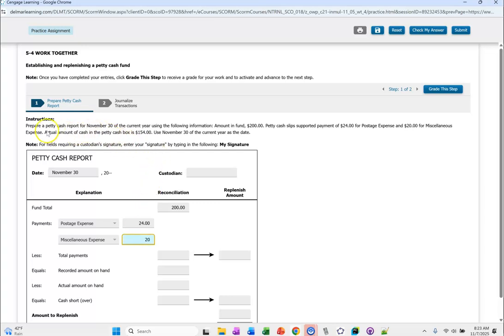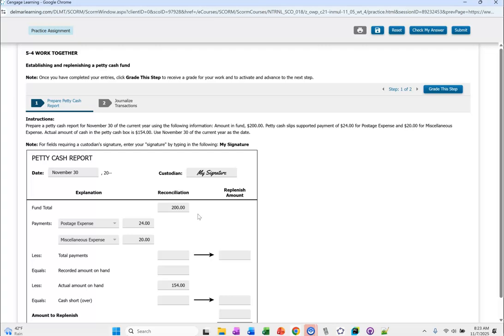The total or the actual amount in the petty cash box is $154. Use November 30th of the current year as the date. Note, fields requiring a custodian signature, enter your signature by typing the following, my signature. So my signature.